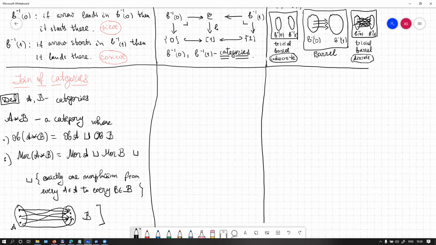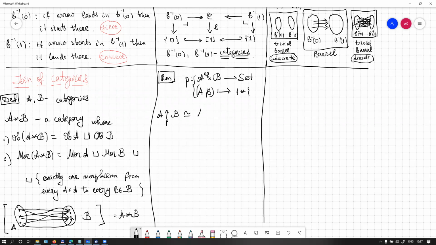So this is A join B. Remark that if we define a profunctor P from A op cross B to Set by the rule that the pair (A, B) goes to a singleton, then the co-comma category of this profunctor P is isomorphic to the join.